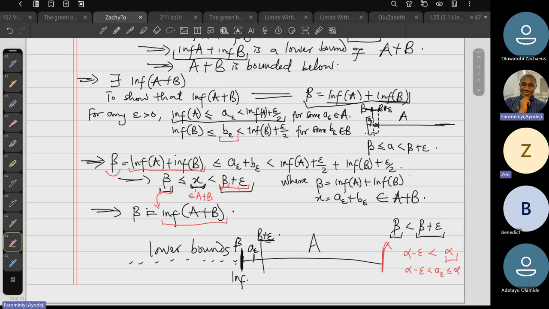If it is not the infimum, we would have something that was in the lower bound.